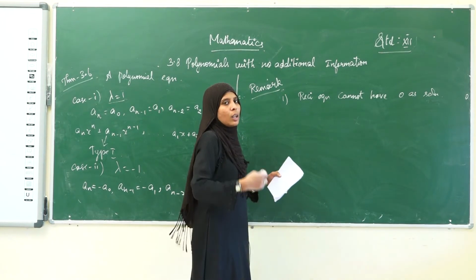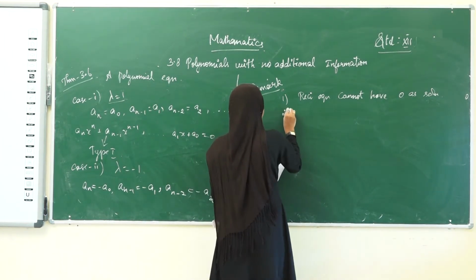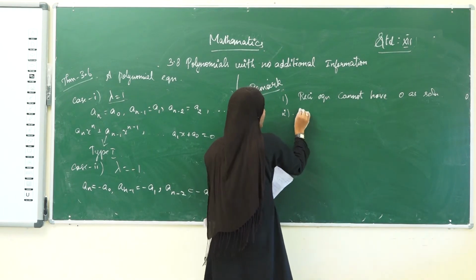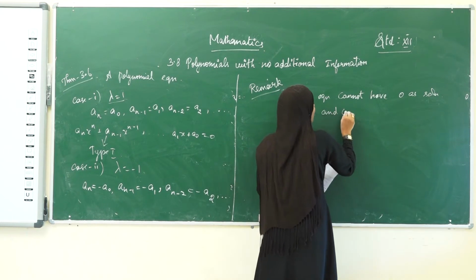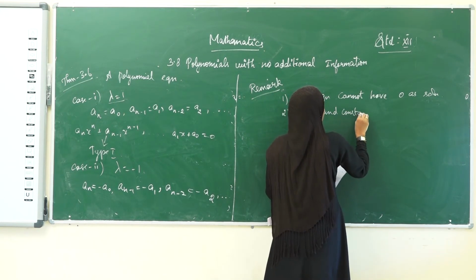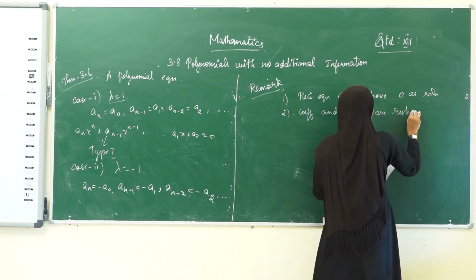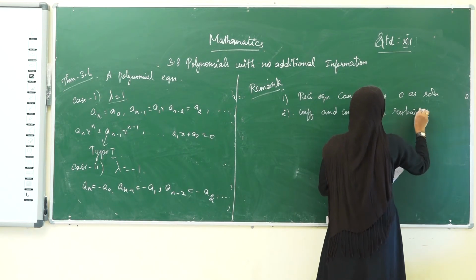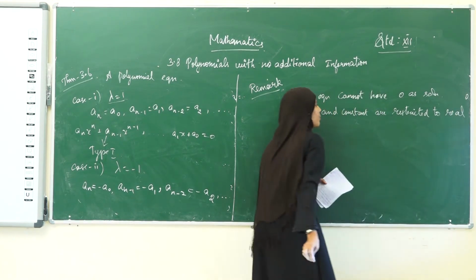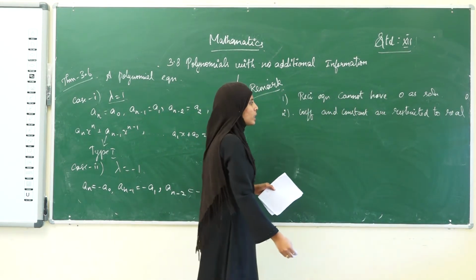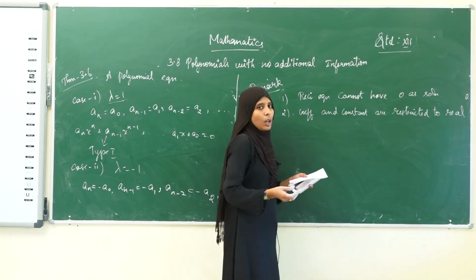It may have 1 by 2 or anything else, but it cannot have 0 as one of its roots. And in a reciprocal equation, the coefficient terms and the constant terms are not restricted to being real. It means that the coefficient terms and the constant terms of a reciprocal equation need not be real. They may be rational or anything else.